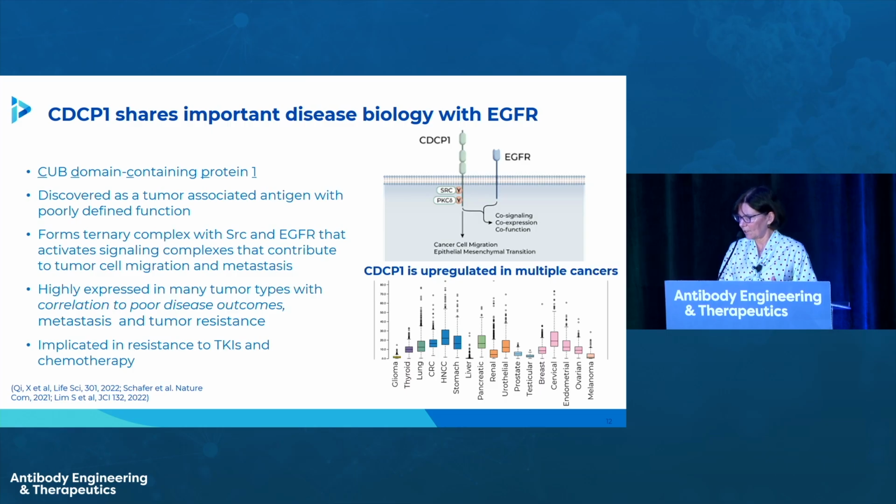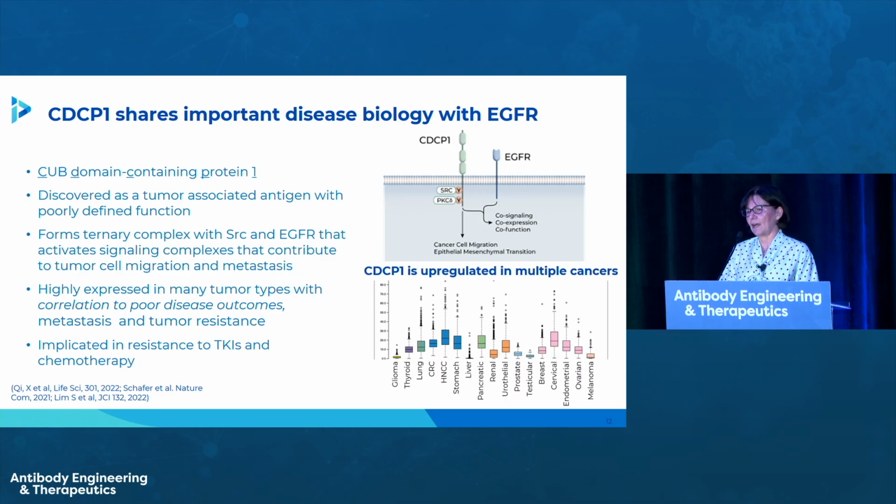It was discovered as a tumor-associated antigen with a poorly defined function. As you can see in the graph on the bottom right there, it's highly expressed across a broad range of tumor types. And it's also been demonstrated to actually form a ternary complex with SRC and EGFR that can activate downstream signaling. And downstream of that, the CDCP1 molecule seems to be quite important in driving tumor cell migration, particularly of cancer cells into a metastatic niche.